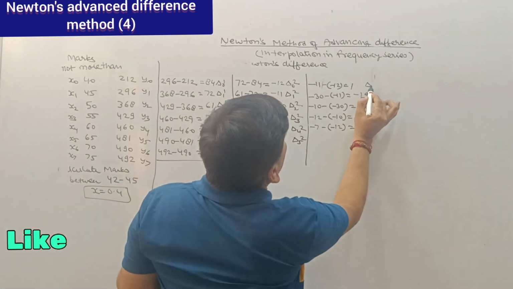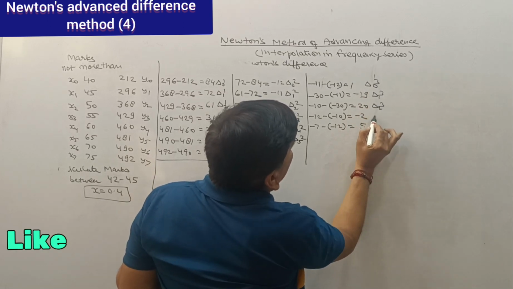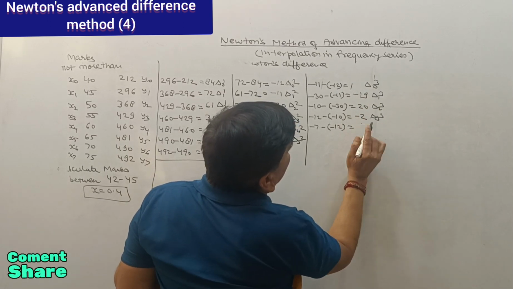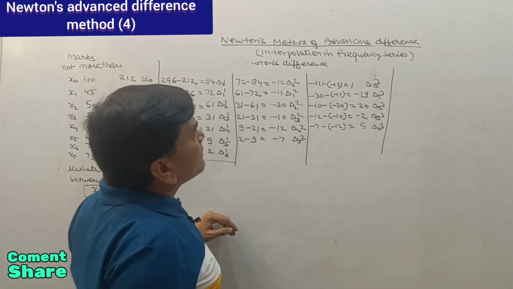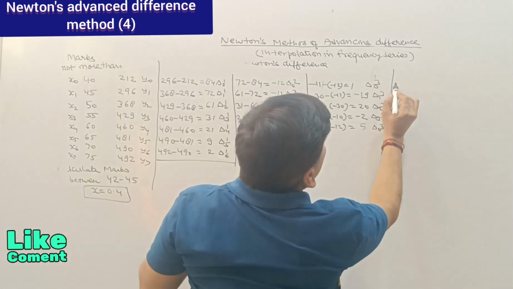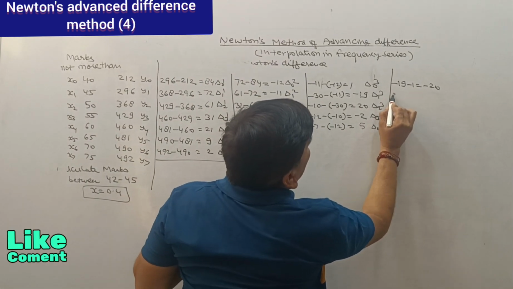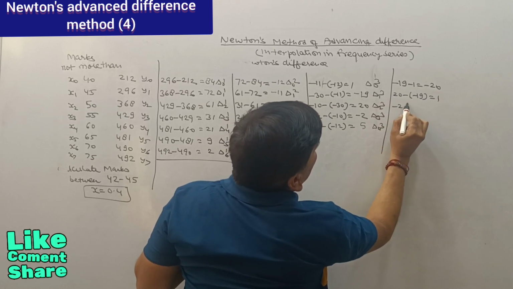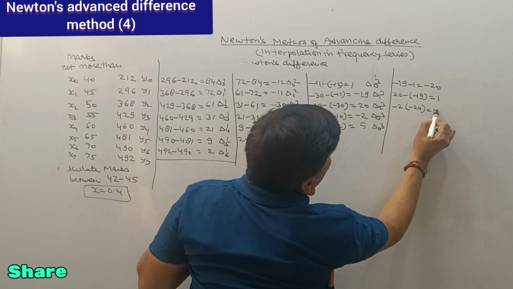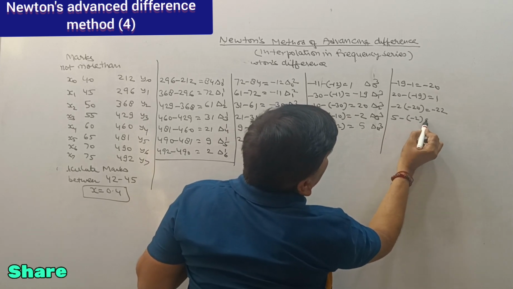That is delta 03, delta 13, delta 23, delta 33, delta 43. Next one: minus 19 minus 1, that is minus 20. 20 minus 19, that is plus 1. Minus 2 minus 20, that is minus 22. 5 minus 2, that is 7.